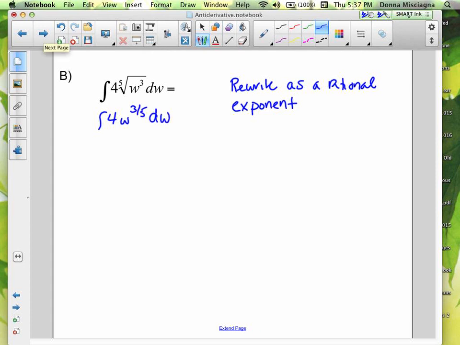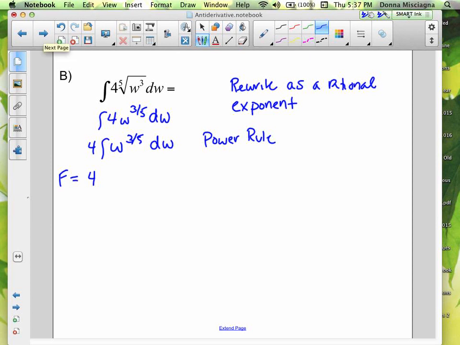And we could factor out the 4 in front. And so 4 times the integral of w to the 3/5 dw. Okay. And now this is the power rule. Okay, so we're going to increase the exponent by 1 and divide by that same value. So we have 4, we'll just call it f for function.